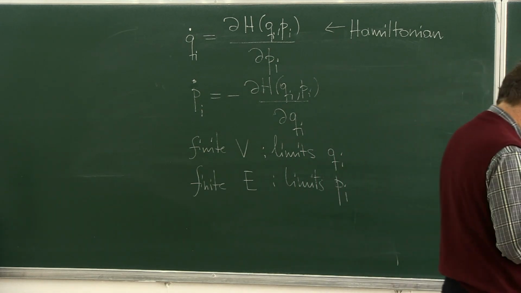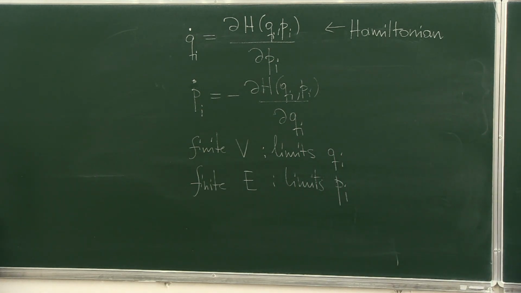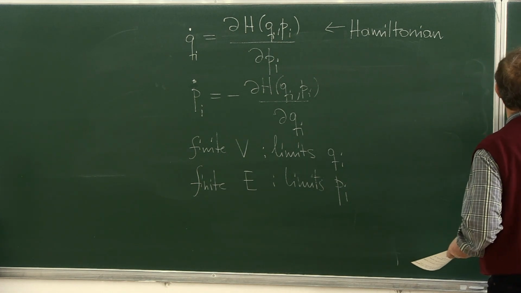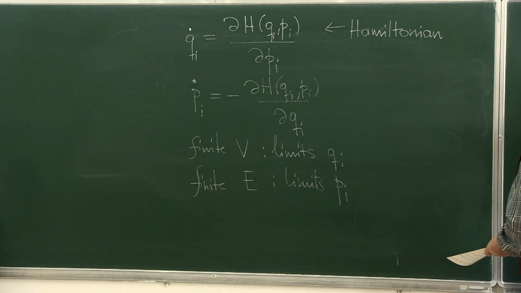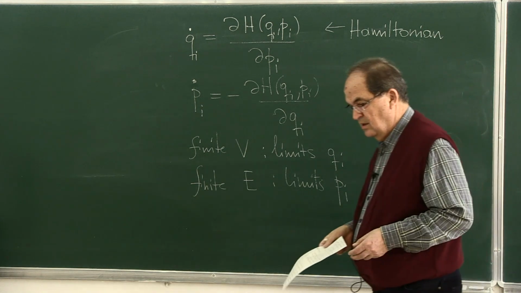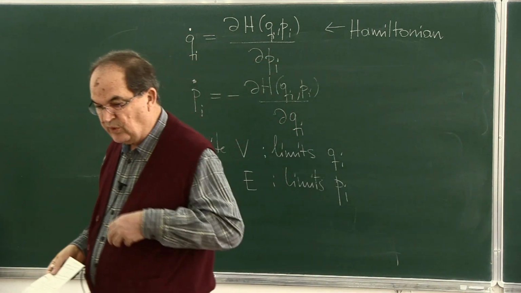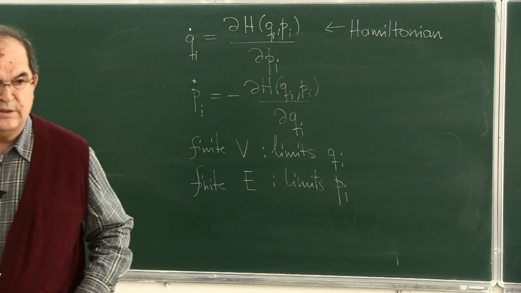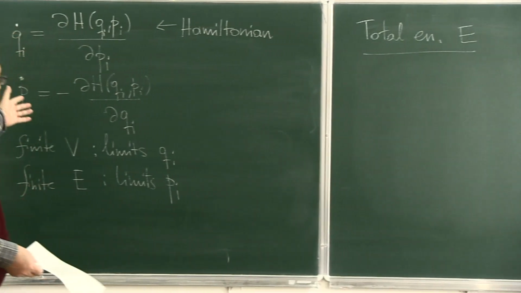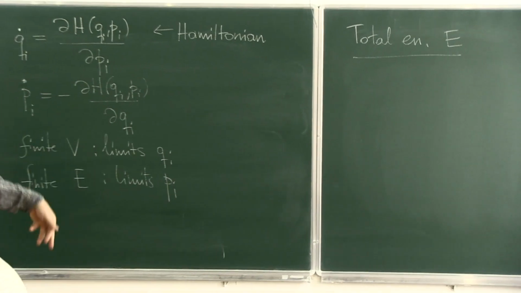Now, if you know the total energy of the system, for example, if it has a precise value E, these trajectories in phase space are determined by these equations.